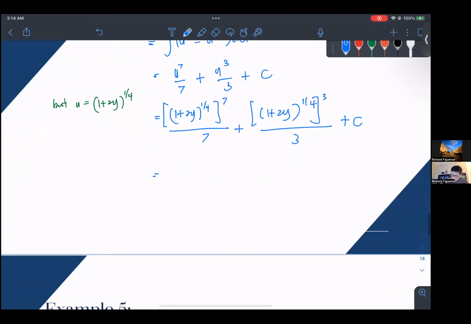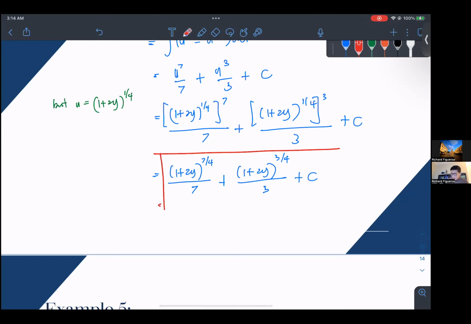So finally, we have (1 plus 2y) raised to 7 over 4 all over 7 minus (1 plus 2y) raised to 3 over 4 all over 3 plus c. So that gives us the final answer for that given example.